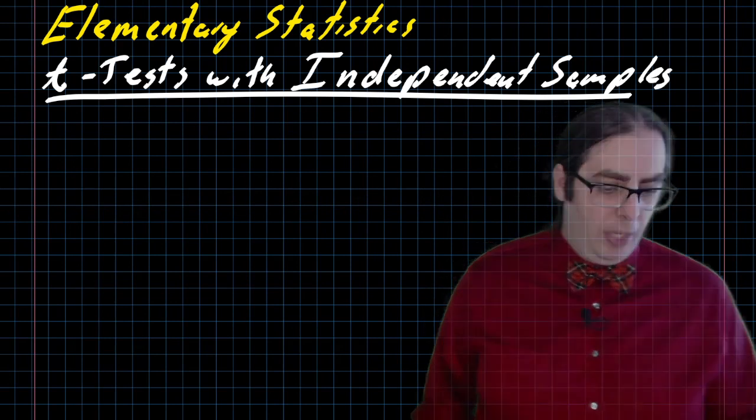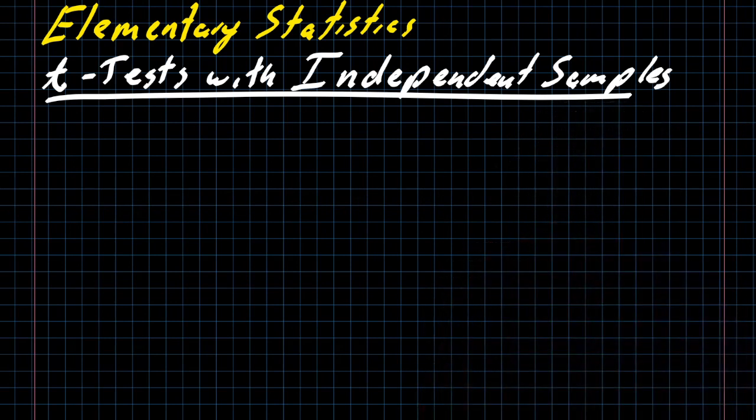I want to use the z-test as an analogy. In the one sample z-test for hypothesis on means, we estimated that mu was equal to x bar plus or minus the z-score times sigma over the square root of n.